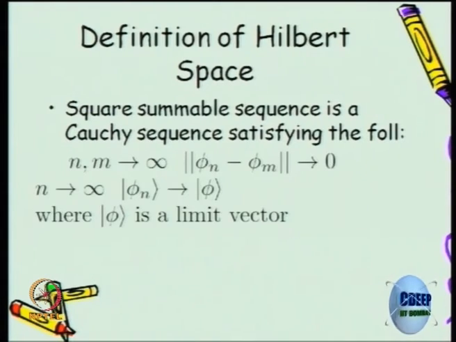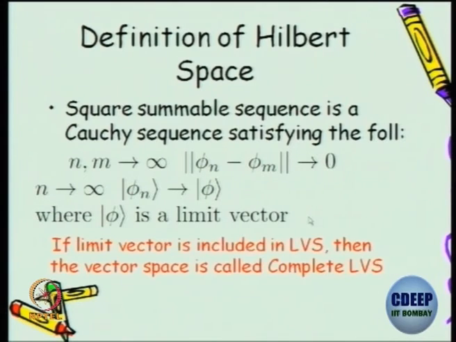You need to take n and m very large, and if you take the difference between these two vectors, the norm of that difference should tend to 0. Similarly, in that sequence, when n is very large, it goes to some finite value, and we call the state phi to which it goes a limit vector.